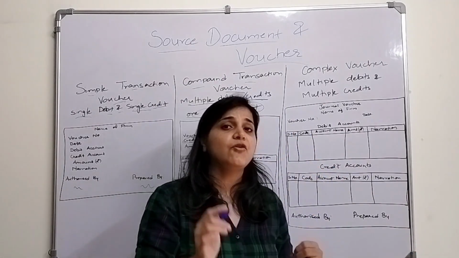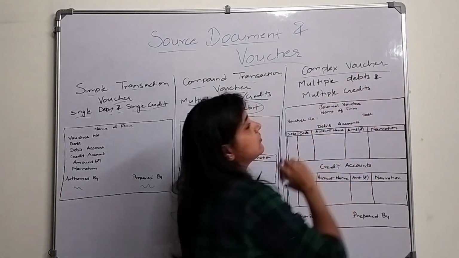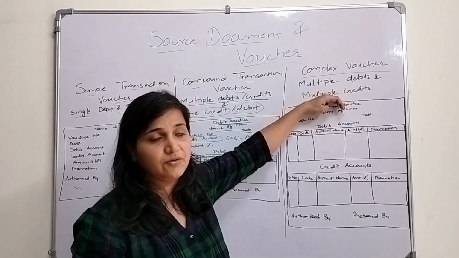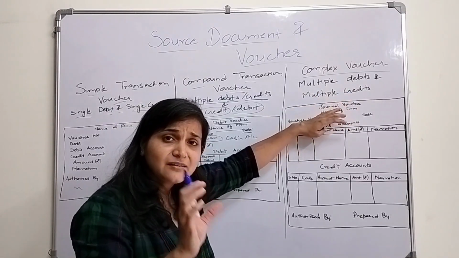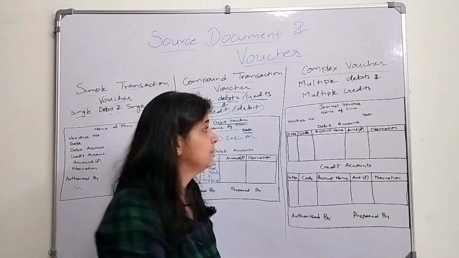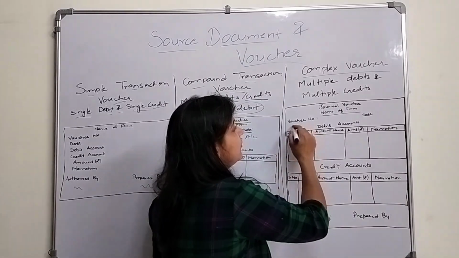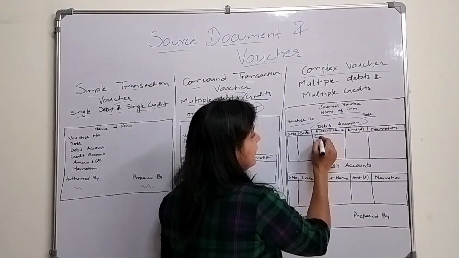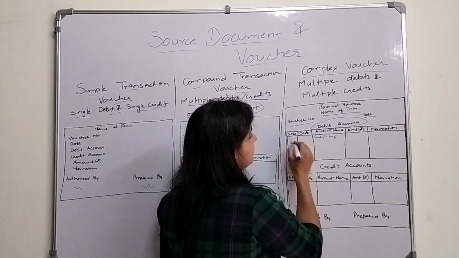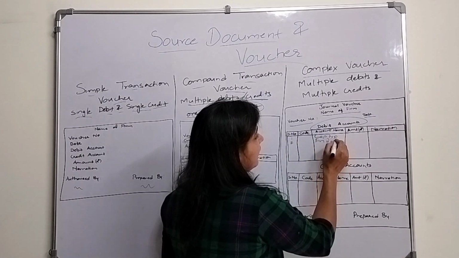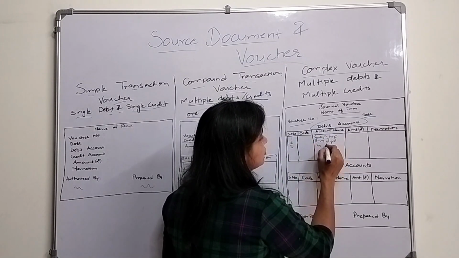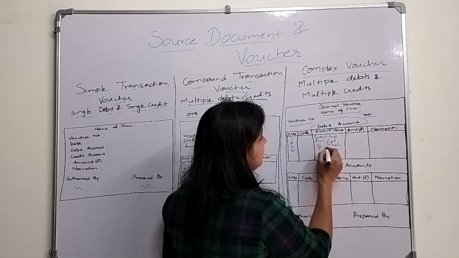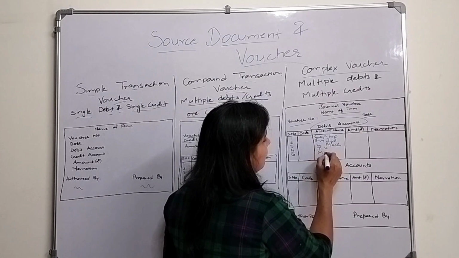At that time, we prepare a complex voucher. There are multiple debits and multiple credits. The pro forma remains the same: the name of the firm, voucher number, date, which account has been debited. Like I said, I purchased a laptop, fridge, washing machine, a TV, a mobile.